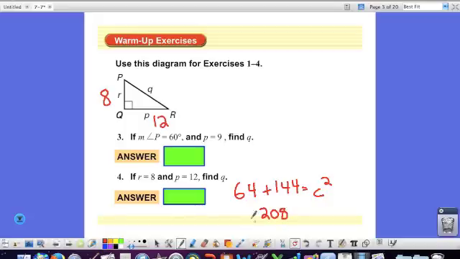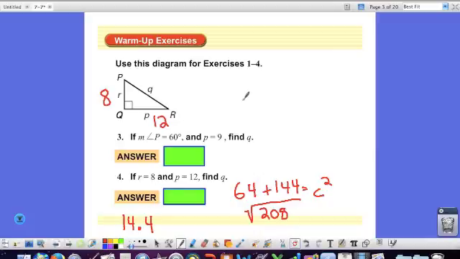So the square root of 208 is roughly 14.4. I'm not sure if they want approximate, which would be about 14.4, or simplest radical form.